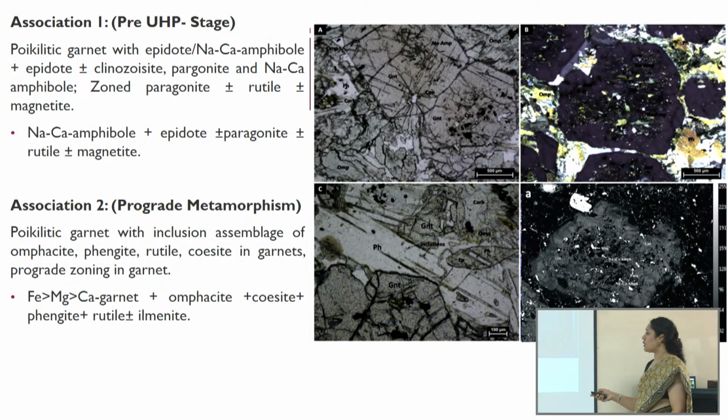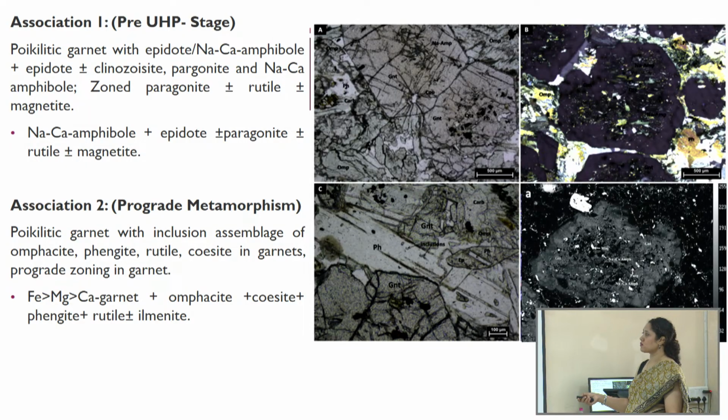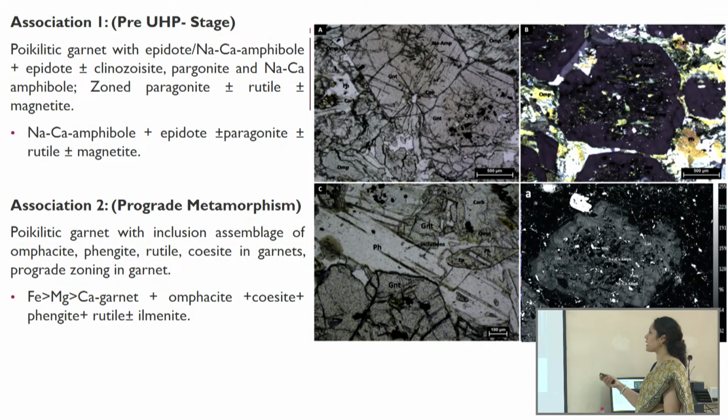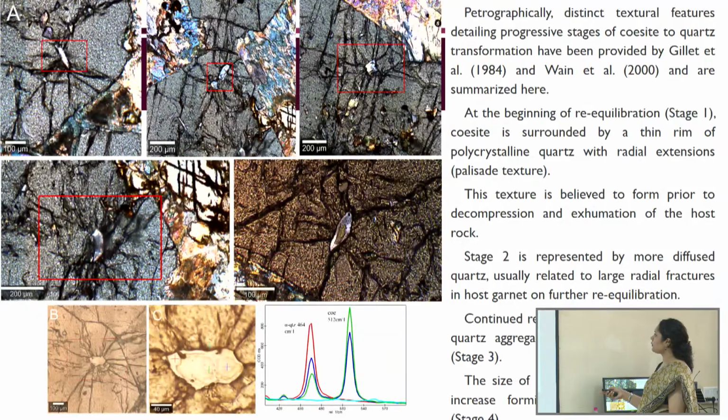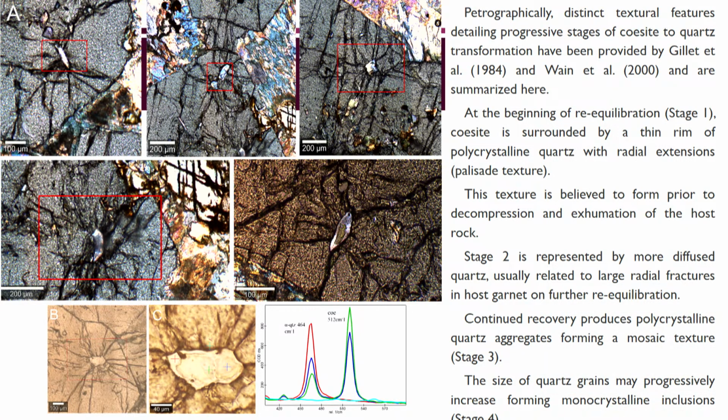So the second association would typically be a more calcium rich garnet in the core and a magnesium rich garnet in the rim with the presence of omphacite and coesite. Okay, and of course rutile and phengite, they are all accessories. Like I said, we were able to identify the coesite within our samples.